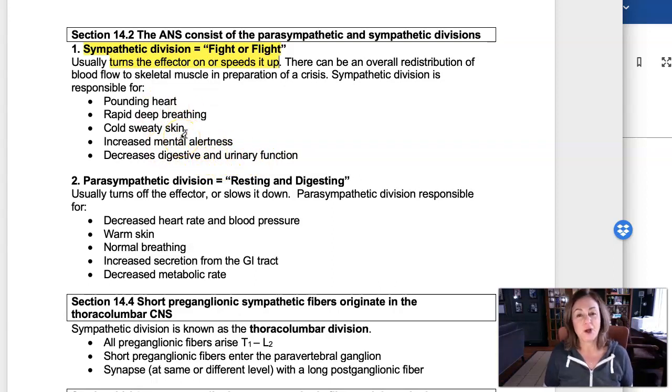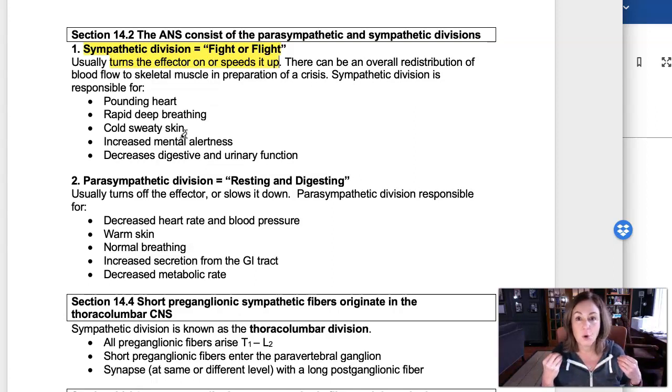And if this helps at all, you can think of this as a general redistribution of blood flow. So when we're under overall sympathetic innervation, we're in fight or flight. Fight or flight means physically you have to fight or you have to run. And so we perfuse our skeletal muscles with blood. We perfuse the brain with blood.